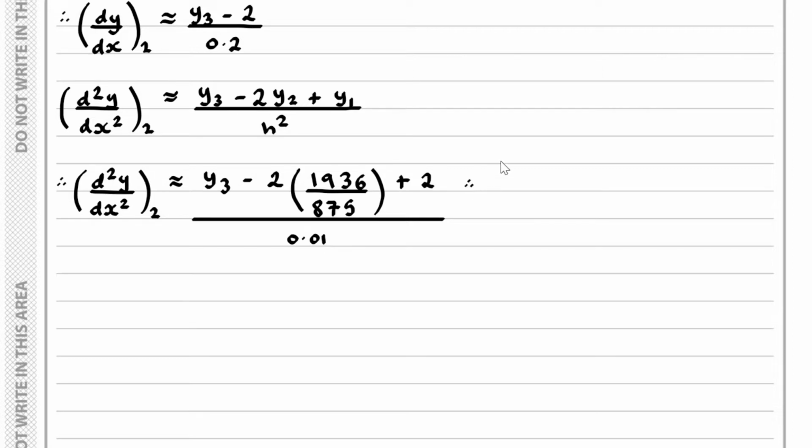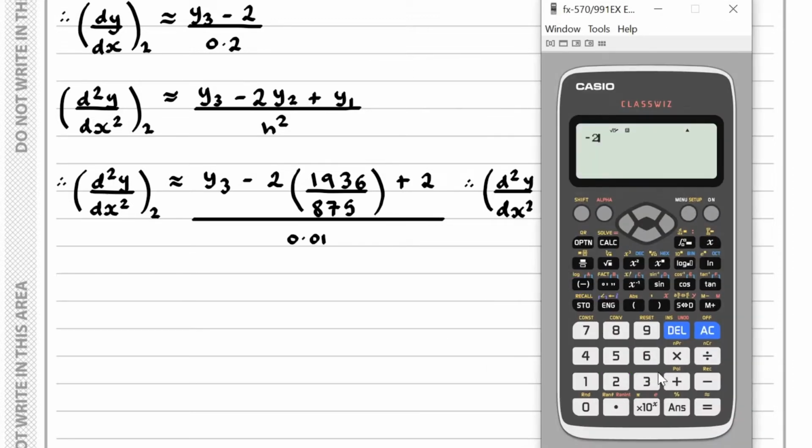And so if we simplify this even further, you can see d squared y over dx squared 2 is approximately y3, and then here we've got minus 2 multiplied by 1936 over 875 plus 2, which is minus 2122 over 875.